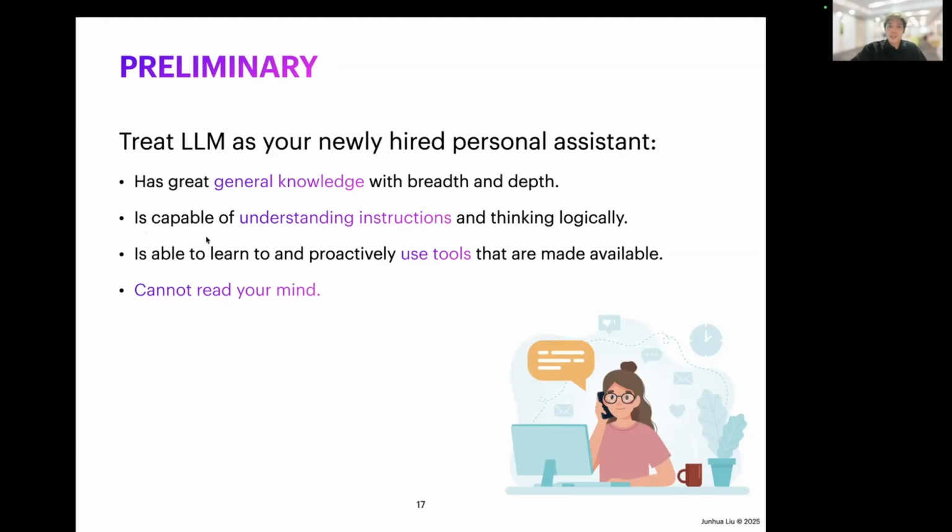The person is capable of understanding our instructions and thinking logically on their own. The person is able to learn to proactively use tools that are made available. And finally, but very importantly, the person cannot read your mind. When you give instructions, you should be very specific and very detailed and explain some rationales where necessary.